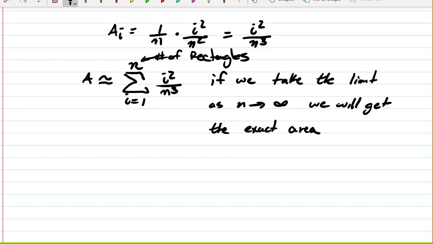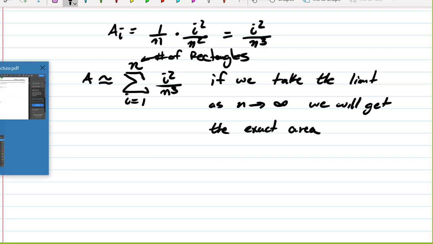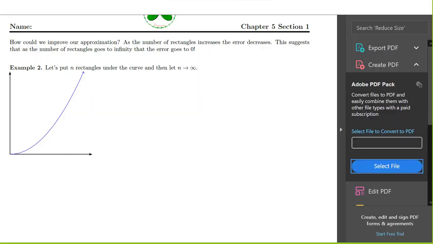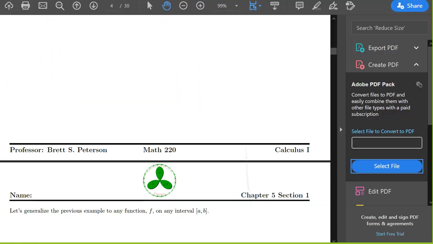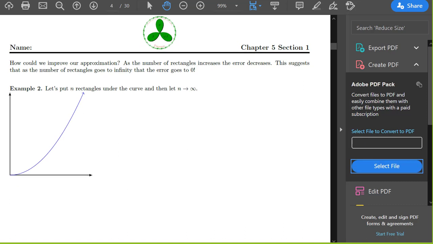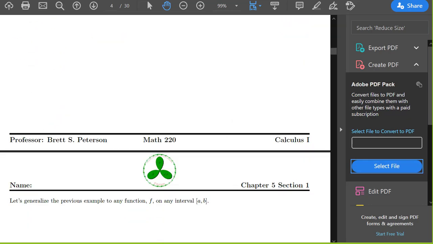All right, so we're going to put this on the back burner for a second because we want to keep on generalizing. So we did this for a specific function, f of x equals x squared, on a specific interval 0 to 1.